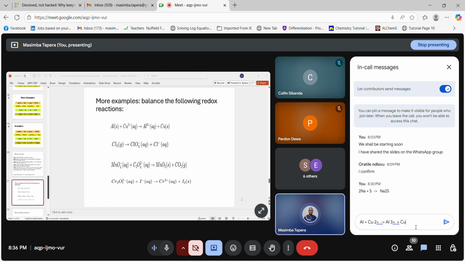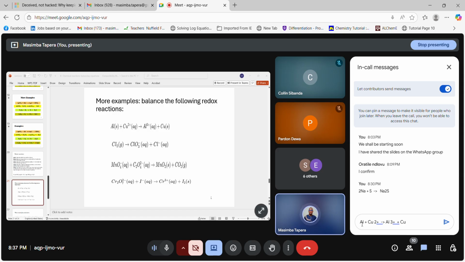Like I said, when you are trying to balance a redox reaction, the first aspect is to balance all other atoms that are not oxygen and not hydrogen. In this equation, aluminium is 1 and aluminium is 1. This is a charge 3 plus. You can't balance off the charge by putting superscripts or subscripts or anything else.